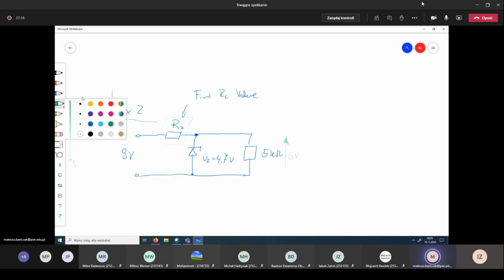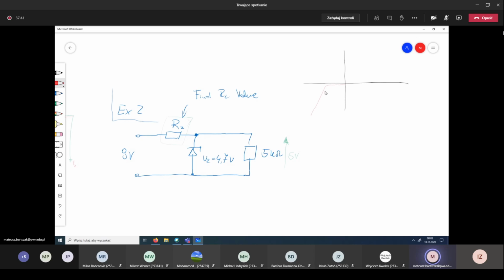Okay, so the solution for that is simple. This Zener diode is connected parallel with the resistor, and we want to have 5 volts. We will take a look into the characteristic, because we will measure the characteristic in exercise number 1.